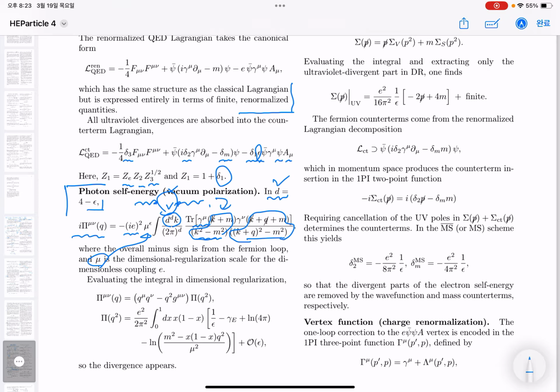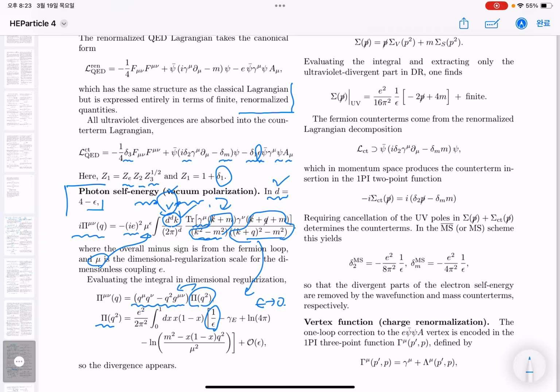And by extracting the Lorentz factors, the only remaining one is the divergent part. And by using the Feynman identity and defining the loop momentum and integrating over this loop momentum, using dimensional regularization, one can obtain this capital Pi, and the divergent part appears as 1 over epsilon, because we will take the epsilon to zero limit, so that the dimension becomes 4.